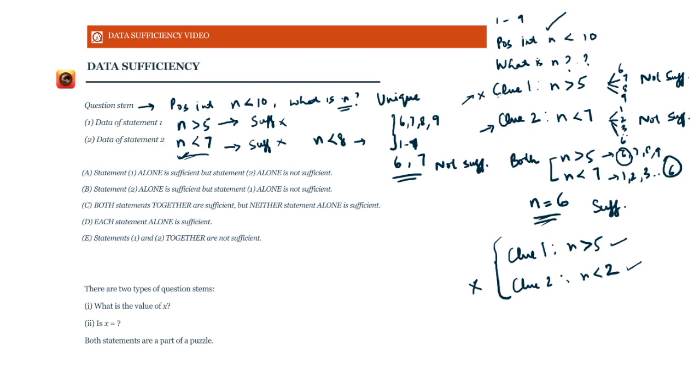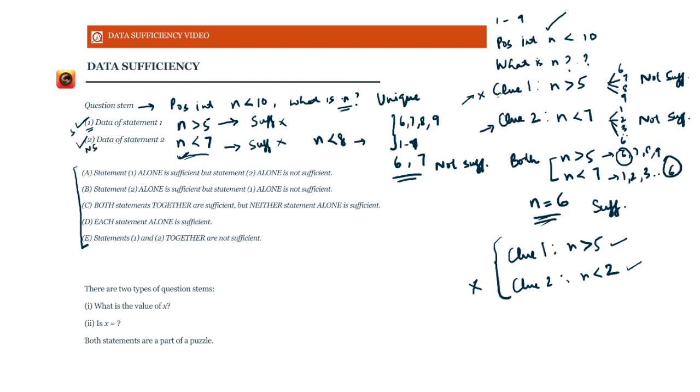Okay. Now, each data sufficiency question will have these 5 options and you'll have to select one of them. Let's review each option. It says statement 1 alone is sufficient, but statement 2 alone is not sufficient. So A: let's say I review the data of statement 1 and I see that this is sufficient, then I review the data of statement 2 and let's say I find that this is not sufficient.